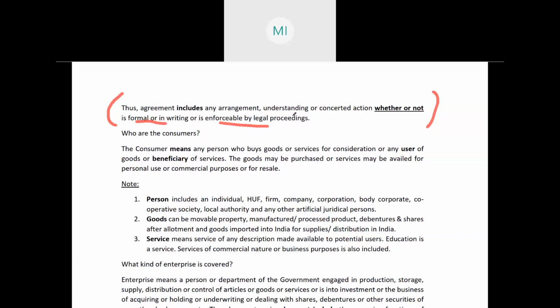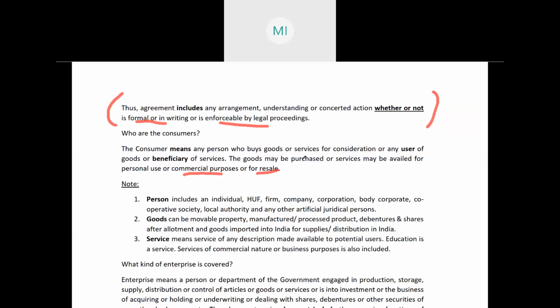Coming to the consumer. Consumer means any person who buys goods or service, or user of goods or service, or beneficiary. That means either you can buy and use it for your own self, or you can buy for commercial purposes or for resale also. So the definition is wide enough.